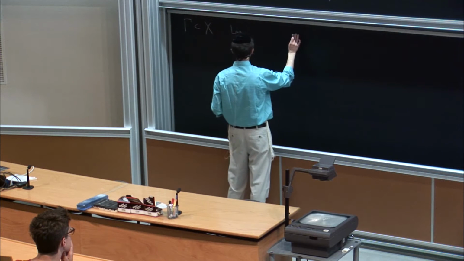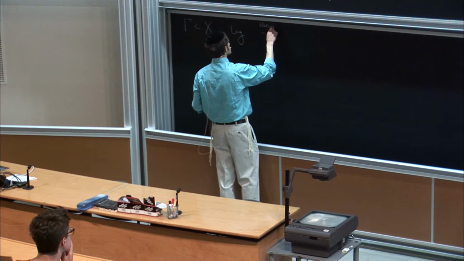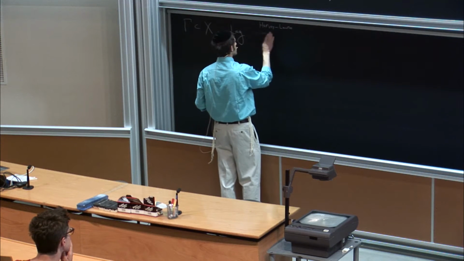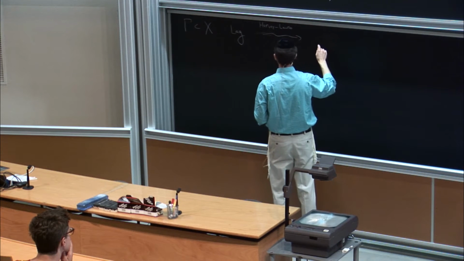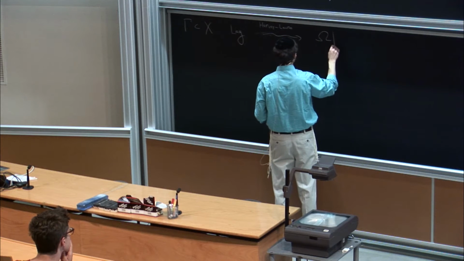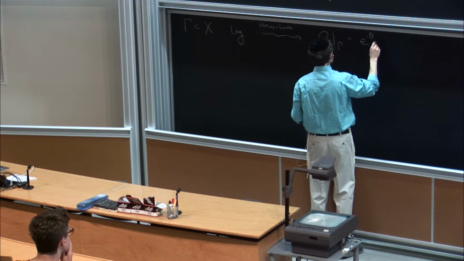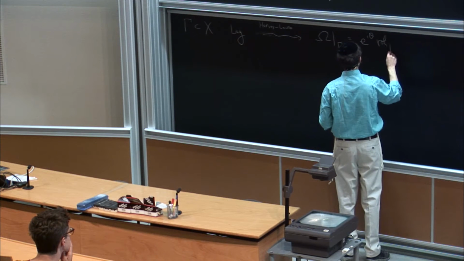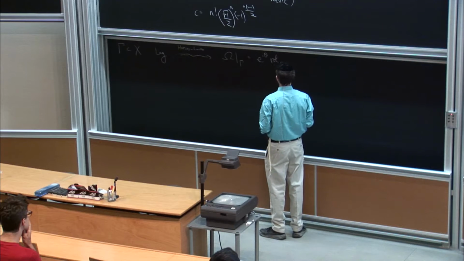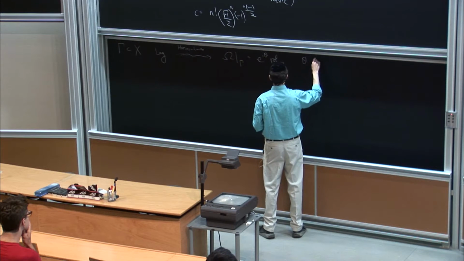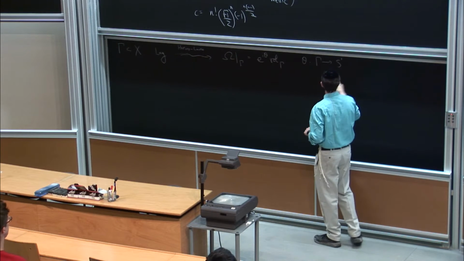Then it's a fact, discovered by Harvey and Lawson in their work on calibrated submanifolds, that if we take Omega and restrict to gamma, it's going to be equal to e^{i theta} times the volume form of gamma, for theta from gamma to S^1 some smooth function.